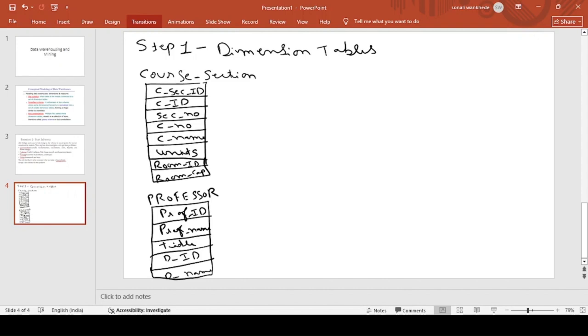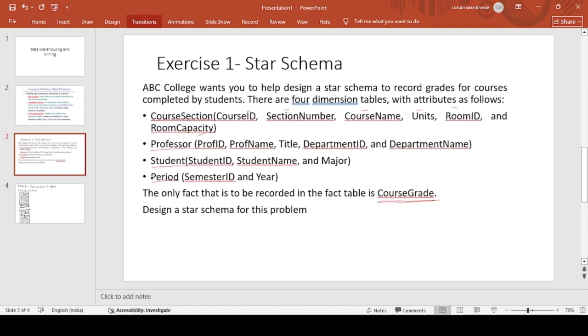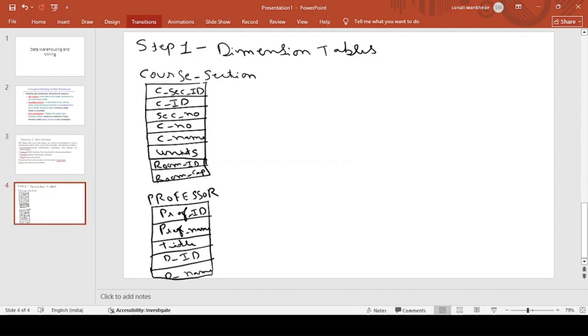My third dimension table is as given here. My third dimension table is student along with the attributes student ID, name and major. So let me create the student dimension table as well. This is my third dimension table, student. What are the attributes which were given there?